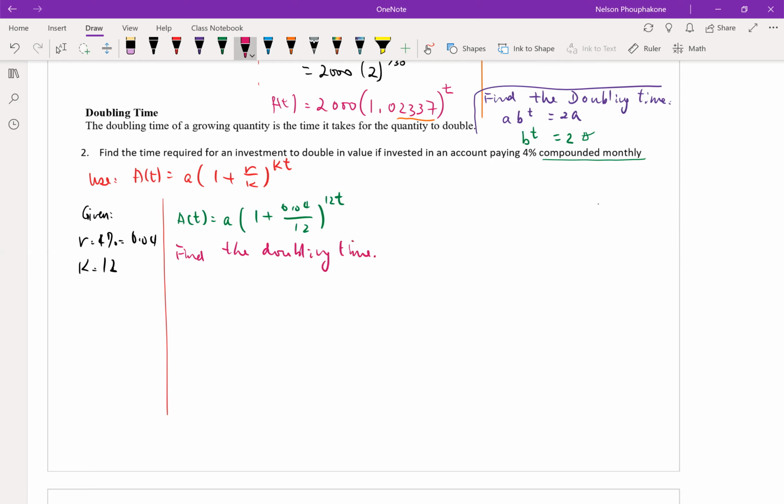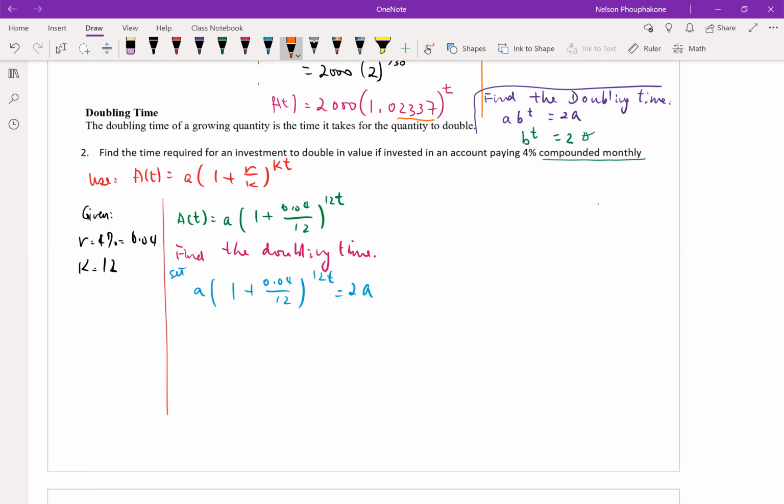How long does it take to double the investment? I will set A times (1 plus 0.04 over 12) raised to the power of 12t equal to 2A. Do you see that I didn't round this number?